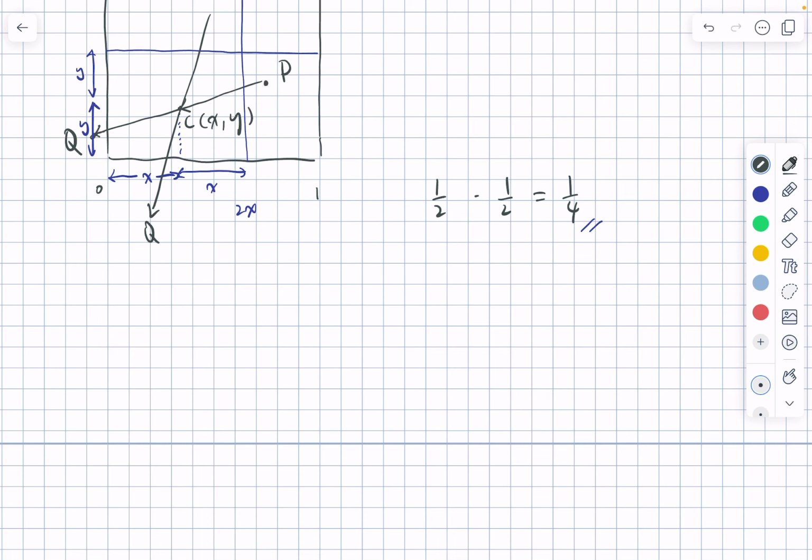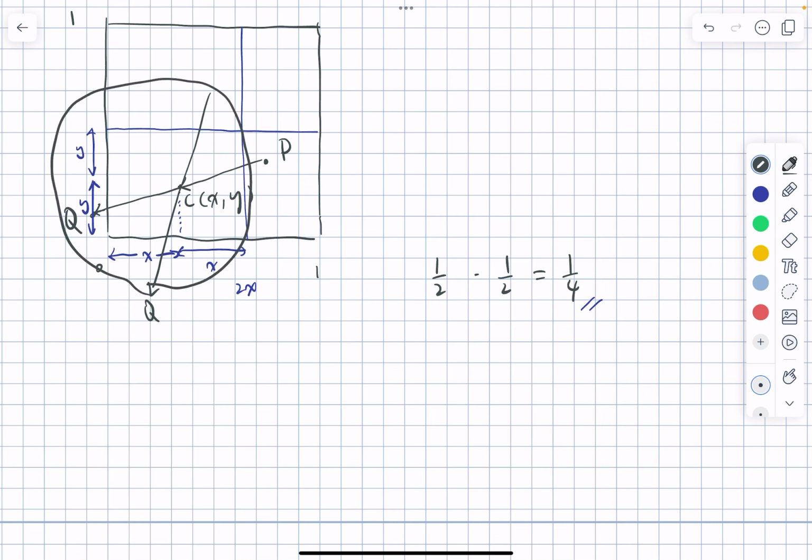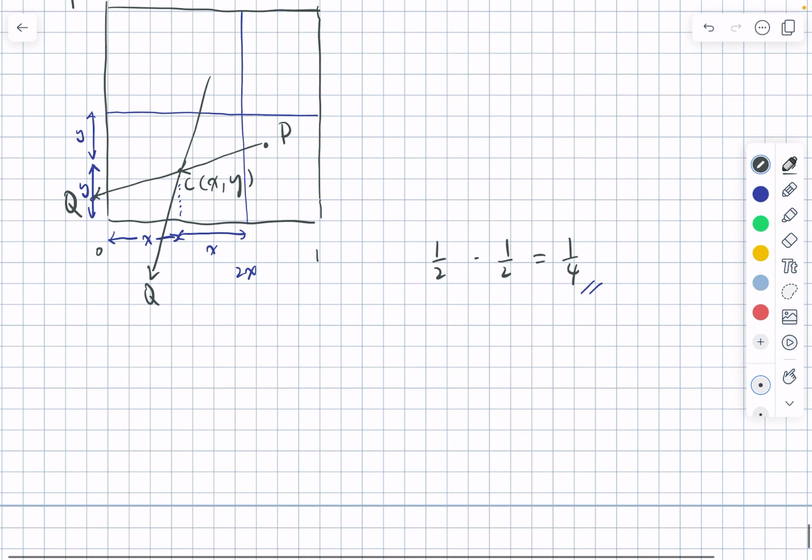Because whenever we have a point Q that is outside of the square, the circle generated correspondingly, for example this circle, is guaranteed to be outside of the square. So if we eliminate 3/4 of the chances that Q is outside of the square, then we're left with 4 times the probability that the circle is actually inside of the square. So whatever probability we solve for later, we're going to have to multiply that by 4.